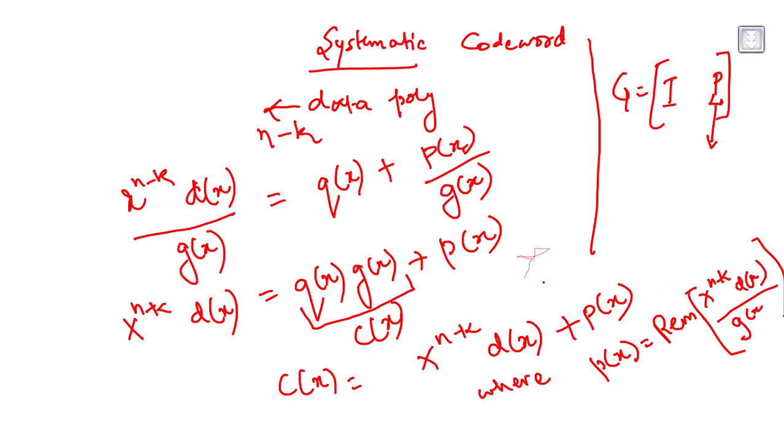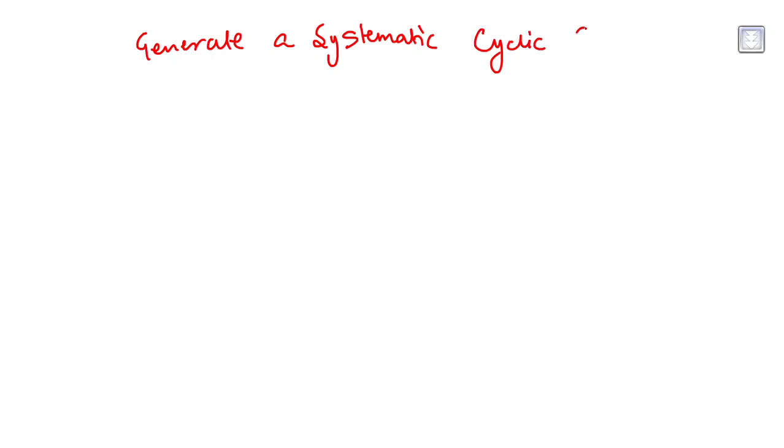Just noting it down, to generate a systematic cyclic code, you have to find the parity bits. How to find the parity bits? You have to find the parity polynomial.